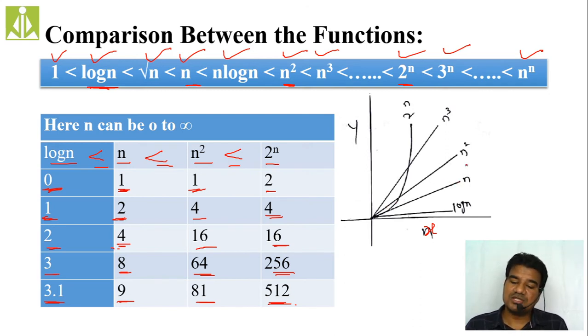n square will change like this, n cube will change like this, and 2 power n will increase exponentially. In the very beginning it will be lesser than log n, lesser than n, lesser than n square, lesser than n cube, likewise. But if you take bigger or larger values for this n, ultimately the 2 power n value will grow exponentially. So it will increase like this.